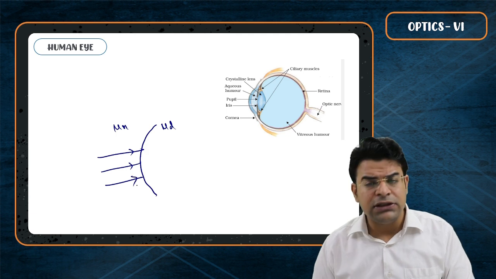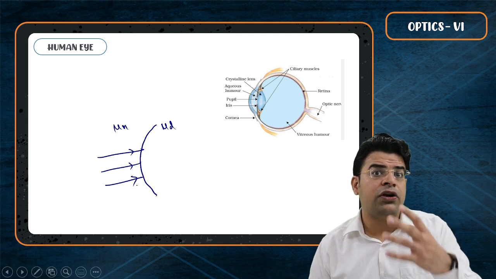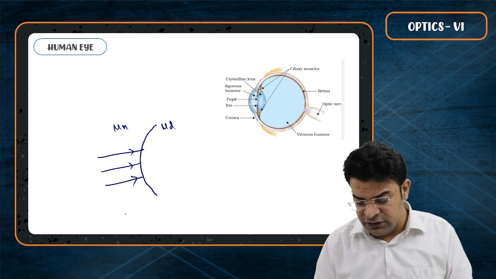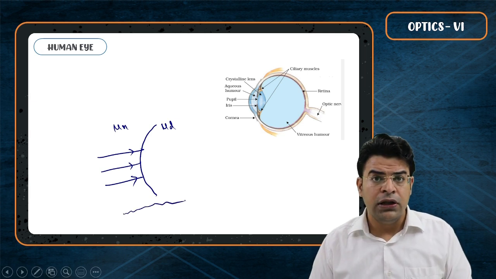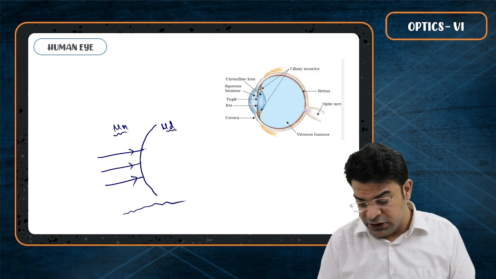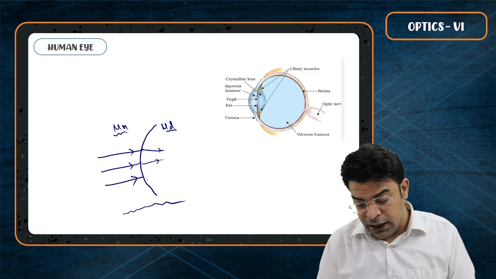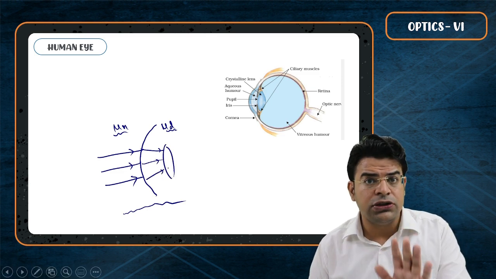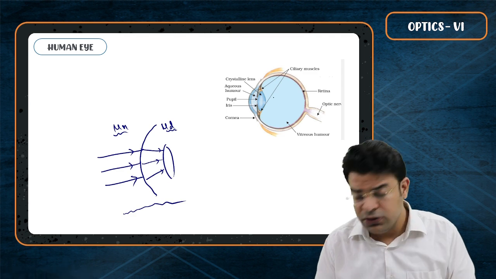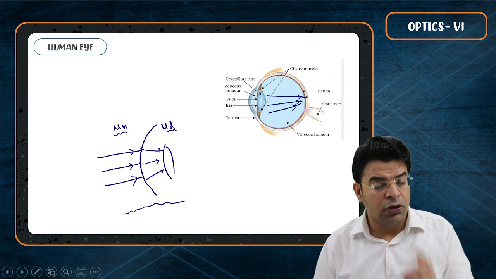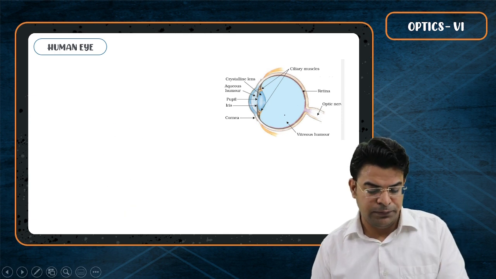In the last two hours, where we talked about lens and refraction over curved surfaces, I told you guys, if this is the scenario, then when the rays move from rarer medium to denser medium, these rays will get converged. And then the eye lens further converges the rays. So the question is, who converges the rays so as to form the image on the retina? The answer is the cornea as well as the eye lens.